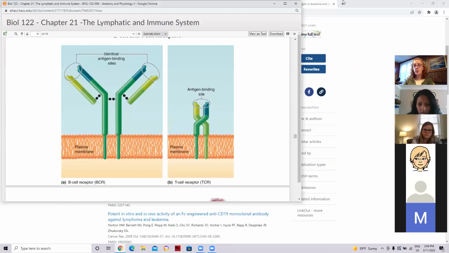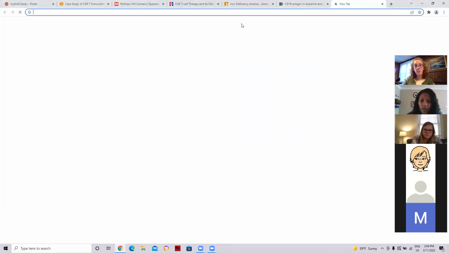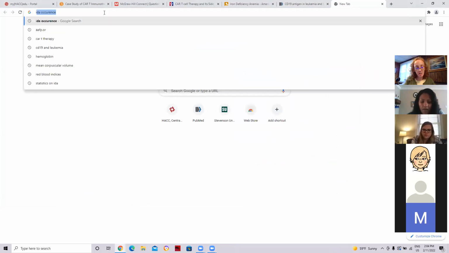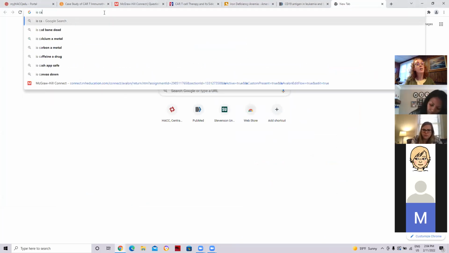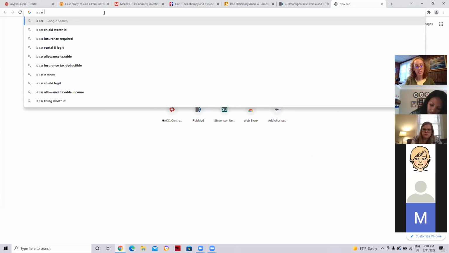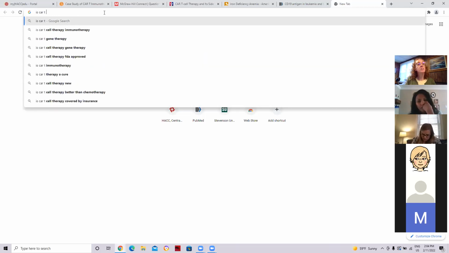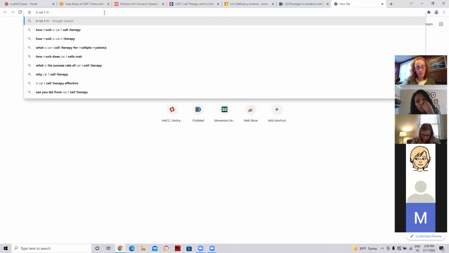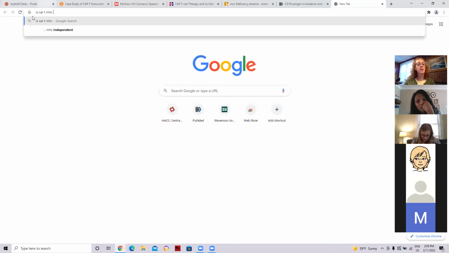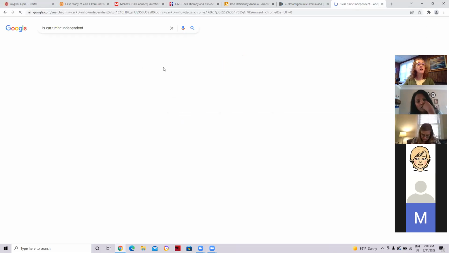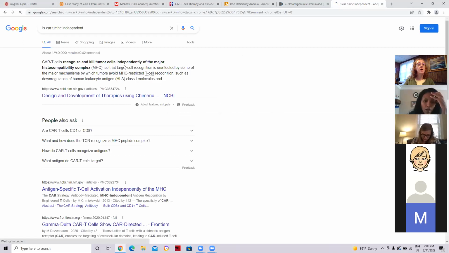One thing that I'm going to look really quick is, is CAR T MHC? Because it's possible that CD9, I don't think so, but I'm just curious what it's going to tell me. Independent. Is it independently of major?